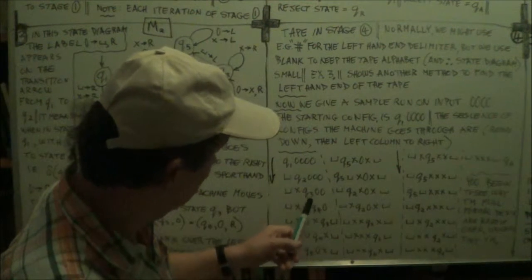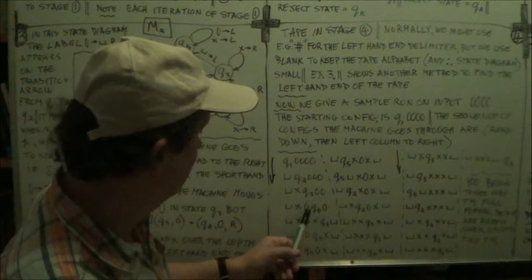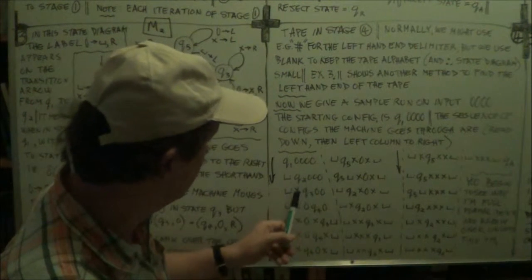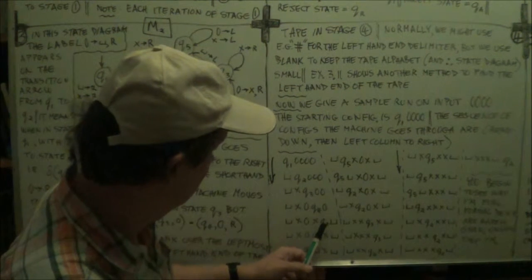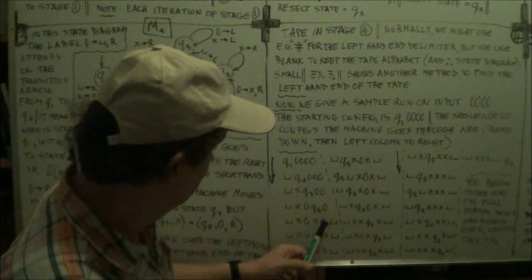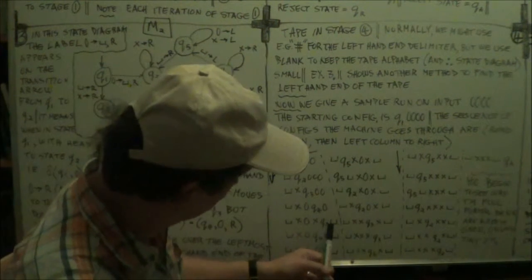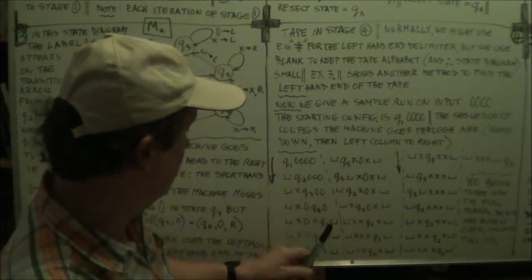So let's see what's happening. If it's in Q3, don't cross it off. If it's in Q2, cross it off. And if it's in Q3, we've now got a complication because, well, if it's in Q4, what are we going to do?